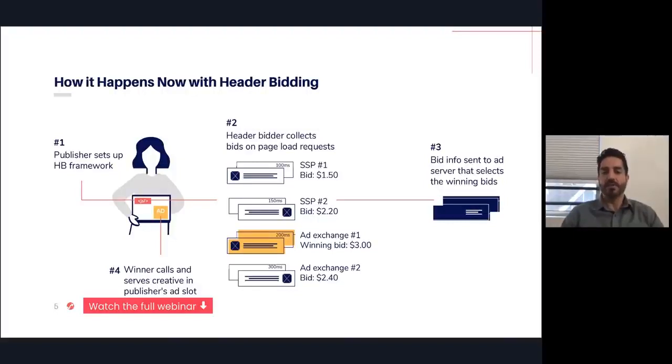Now your ad server still has to decide whether that buyer or that demand partner is the overall winner, because potentially it could also be competing with other things like direct line items, and there could be other more complicated logic on the header.